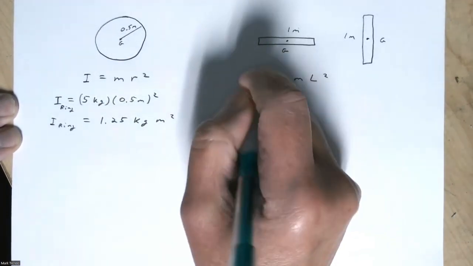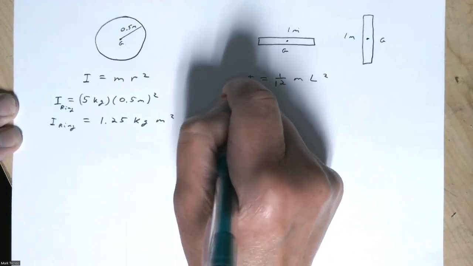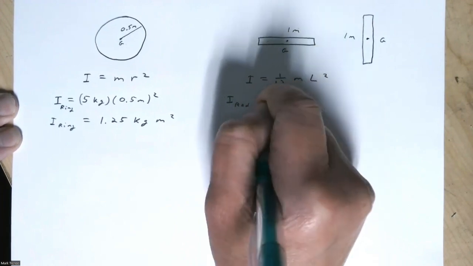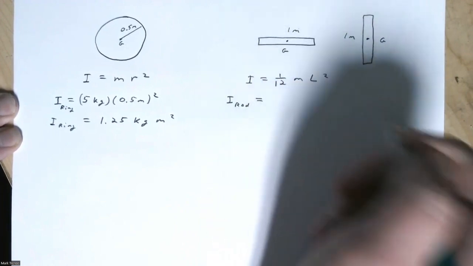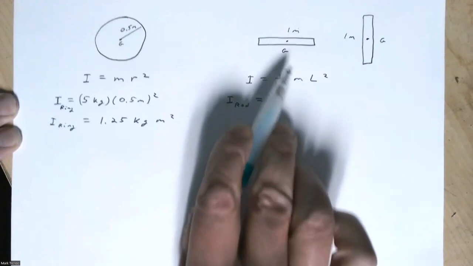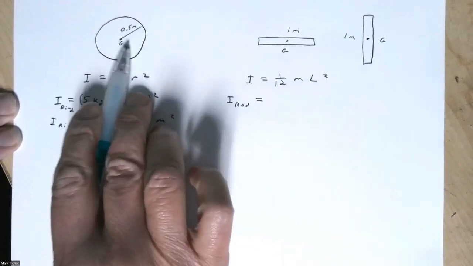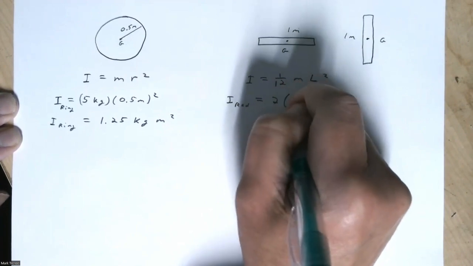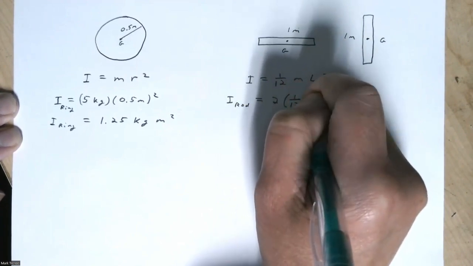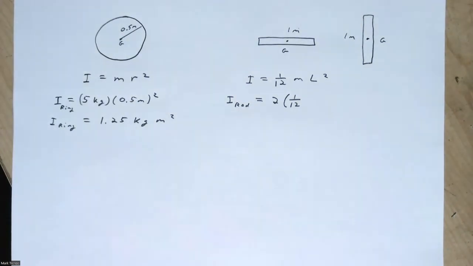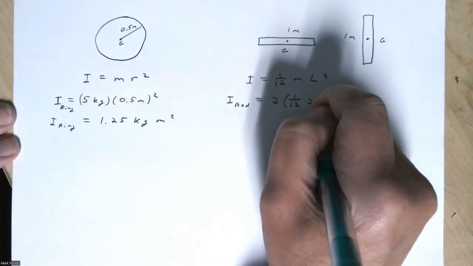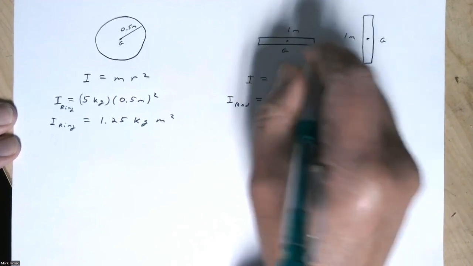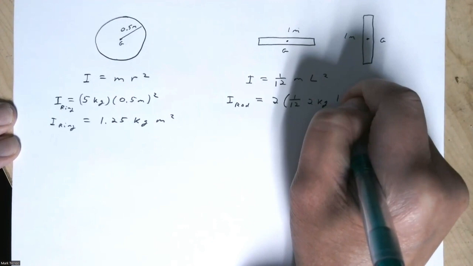And then the mass moment of the rod, and we're going to have two of them. And again, they're both centered about the center of rotation, so we can just multiply them by 2 times 1/12. Each of these was 2 kilograms, and the length was 1 meter.